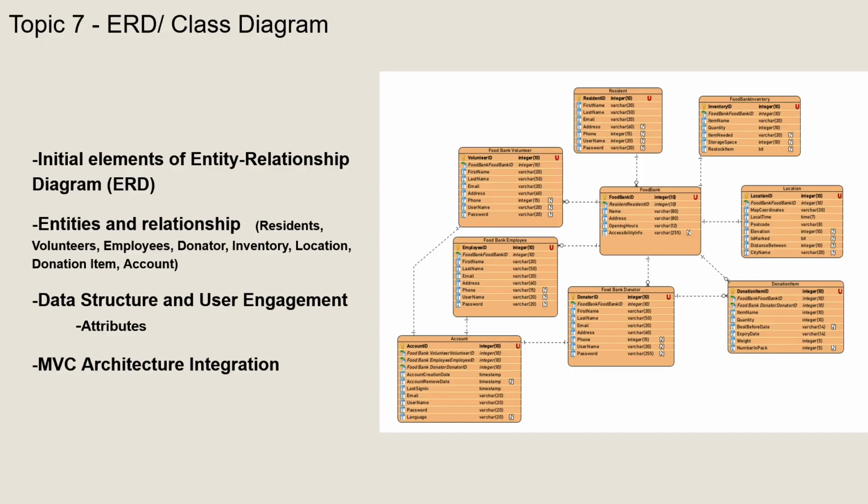The attributes, the data within the volunteer entity, are ID, name, and contact details. User engagement with the volunteer entity involves signing up for opportunities, viewing schedules, and tracking their contributions.